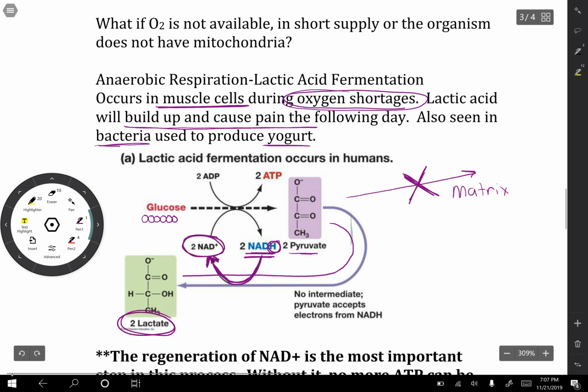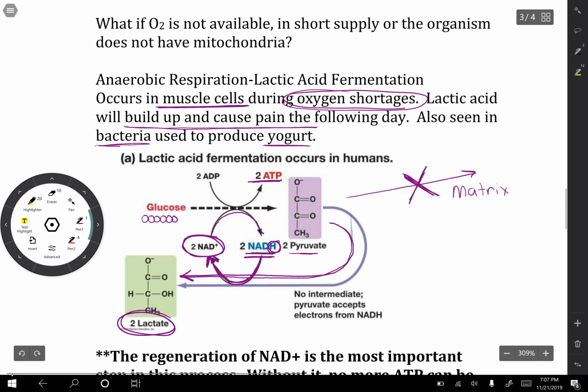Now, this is why this is super important. Now that the NAD plus is generated, it can act on another glucose to at least get you 2 ATPs, forming pyruvate again, forming more lactic acid.